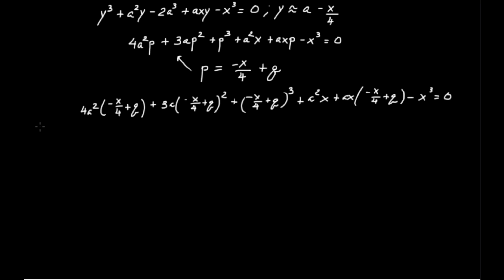And you can see here, what I now have is another polynomial, which is in the x's and q's now. And now I do some simplification, which I won't bore you with. Let me just tell you what I get out of that.